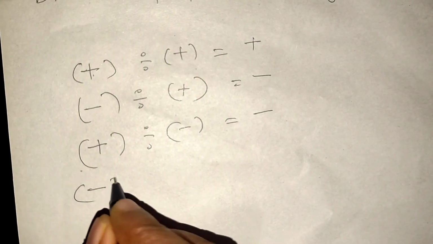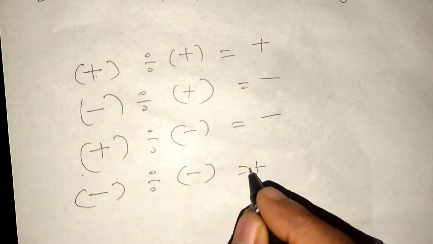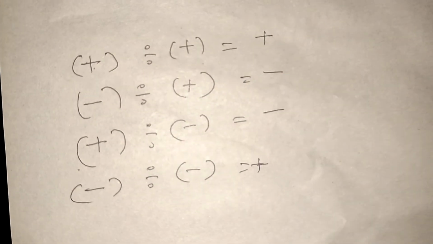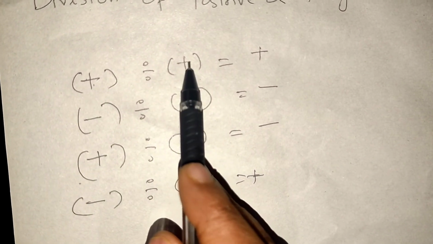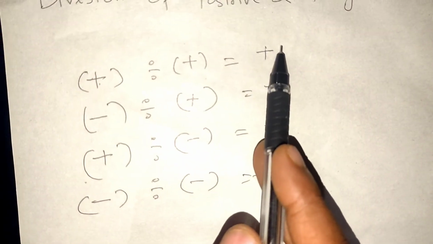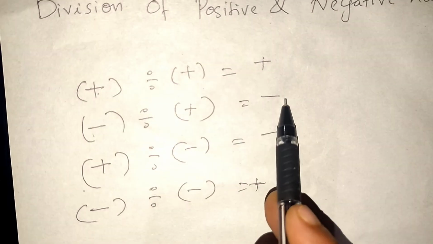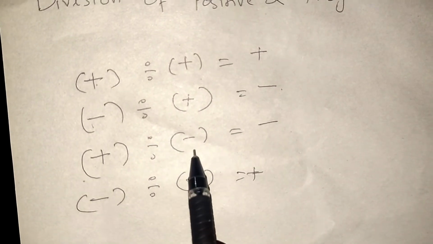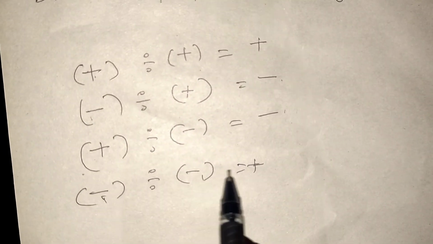And negative divided by negative is always positive. These are the important rules of division. See, if we divide a positive number by a positive number, find out the answer and put positive sign. And a negative by positive, find out the answer and put negative sign. In positive by negative, find out the answer and put negative sign. Then negative by negative is always a positive number.